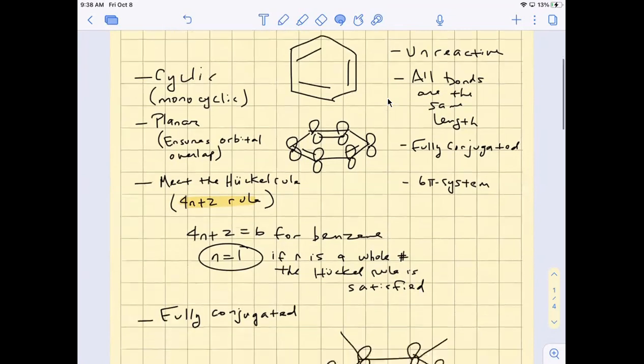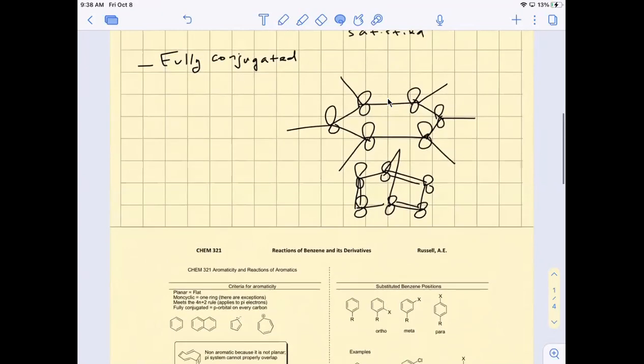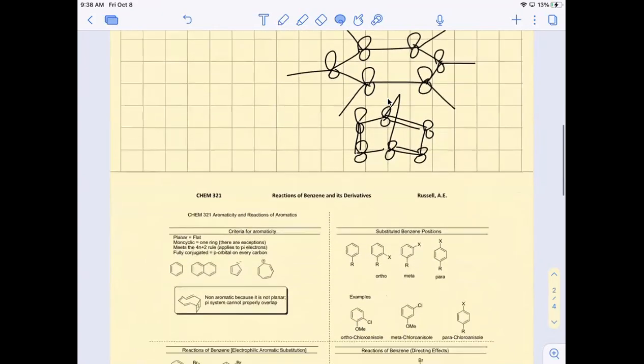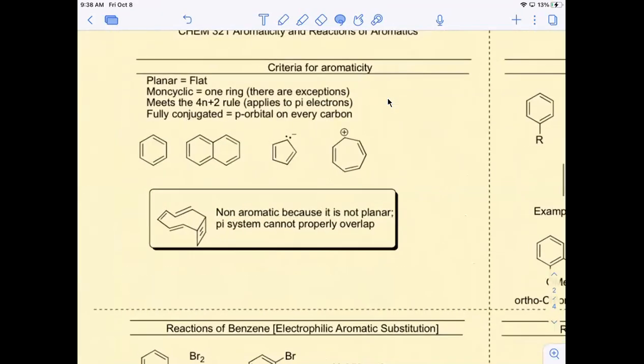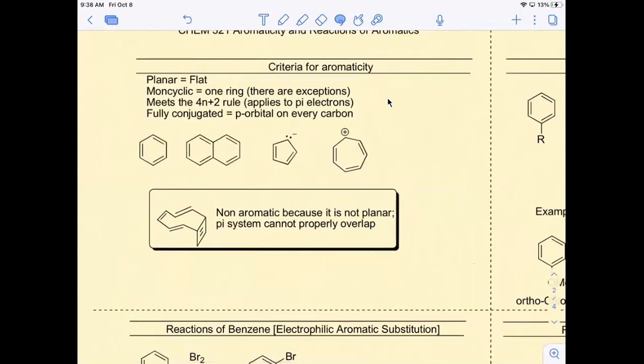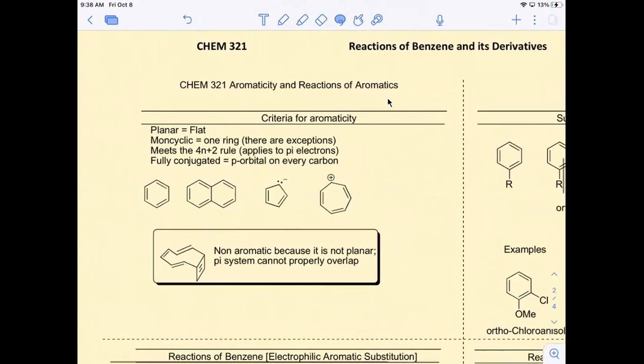So let's look at a couple of other examples. Let me add another page here.